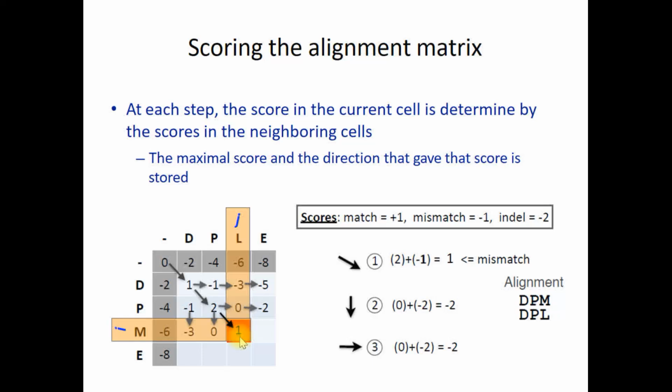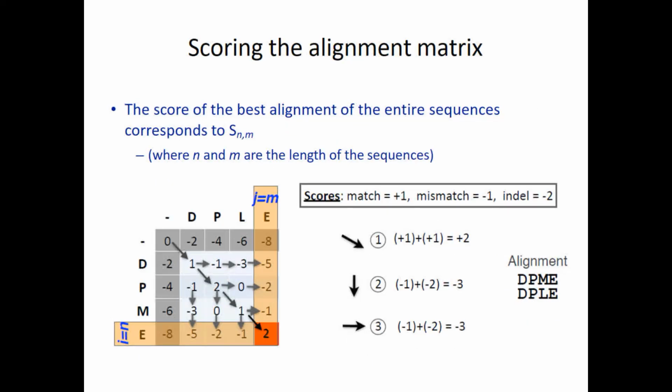This orange cell comes from its diagonal neighbor. And finally, we finished the whole matrix, and the score of the best alignment of the entire sequences is stored in the bottom right corner cell. For this one, it's 2.